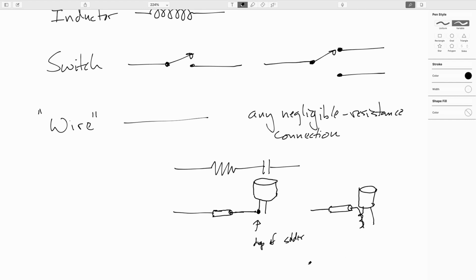That would count. Or you could have had a chunk of solder, a wire, another chunk of solder. These are all possible. So if you just draw a diagram and you don't leave any instructions, you are leaving that to the discretion of the technician how exactly to do it.